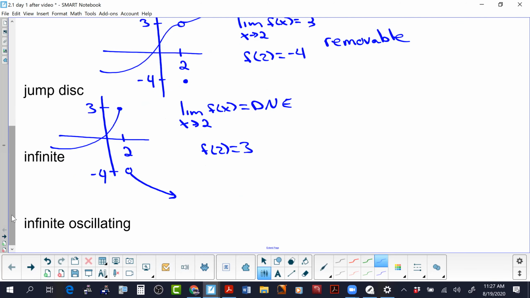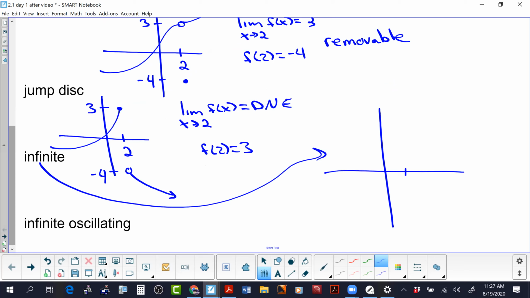I'm kind of encroaching on space here. Infinite discontinuity. Let's say at 2, we've got a vertical asymptote and the curve looked like this. Now the left-hand limit is infinity, and the right-hand limit at 2 would be infinity. But we say that the limit as x approaches 2 of f of x does not exist.